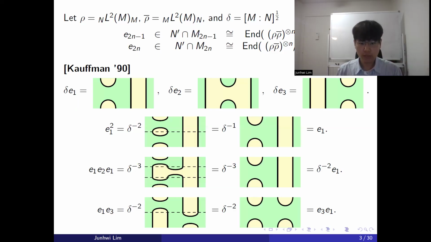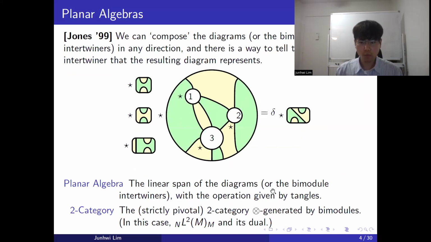So far, we have composed the diagrams vertically, but why not do it in the other directions as well? Vaughan Jones showed that this is possible, and there's a well-defined way to tell the bimodule intertwiner that the resulting diagram represents.